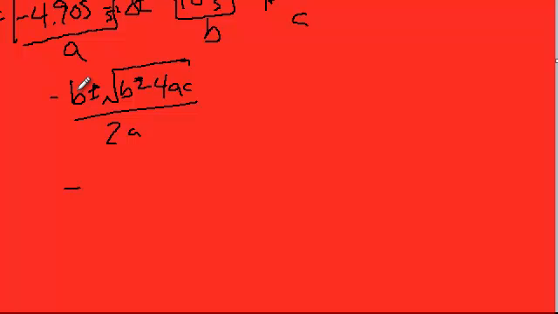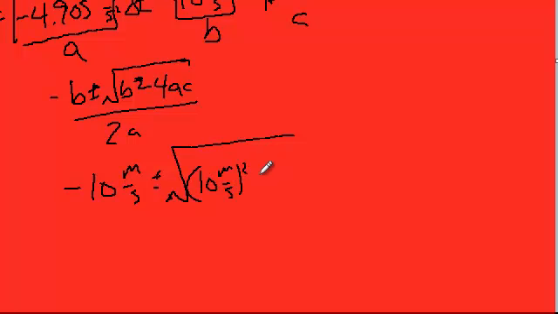Okay? So I have -b, which is -10 meters per second, plus or minus the square root of b squared, that's 10 meters per second squared, minus 4 times a, which is -4.905 meters per second squared, times c, a positive 1.2 meters.